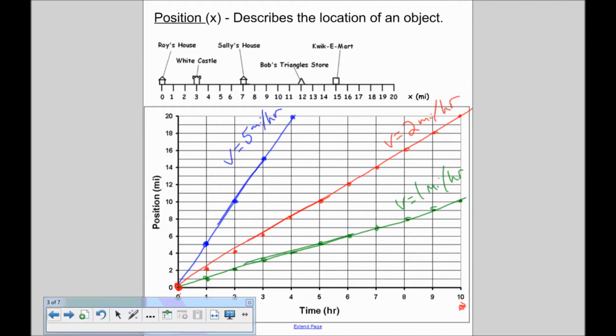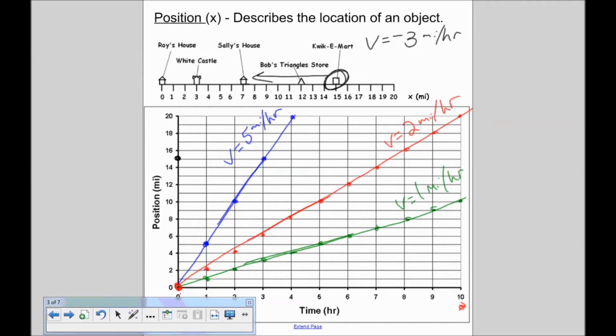Let's suppose that Roy starts at the Quickie Mart and then walks this way at, I don't know, maybe 3 miles per hour. So now our velocity is going to be 3 miles per hour, but because he's going backwards, we have to make it negative, right? So here's what's going to happen. He's going to start at a position of 15, and then every hour he's going to go back 3, right?